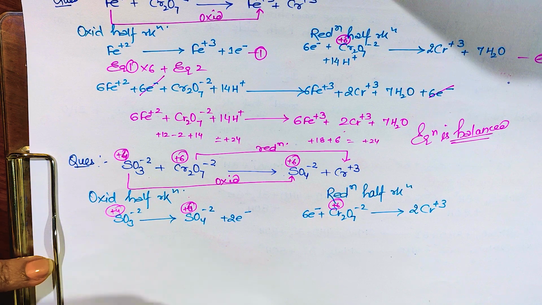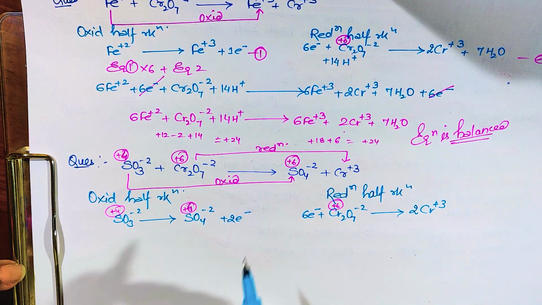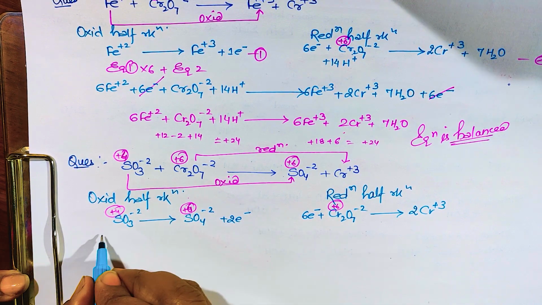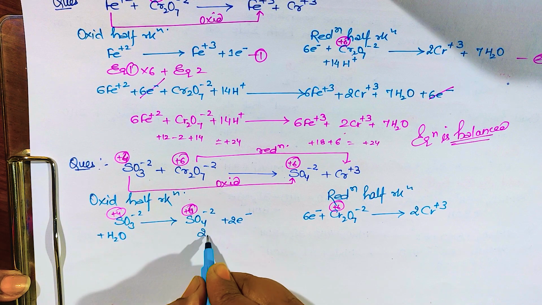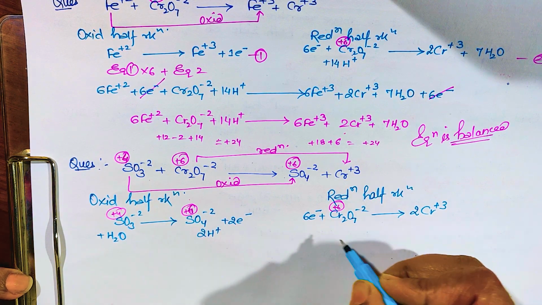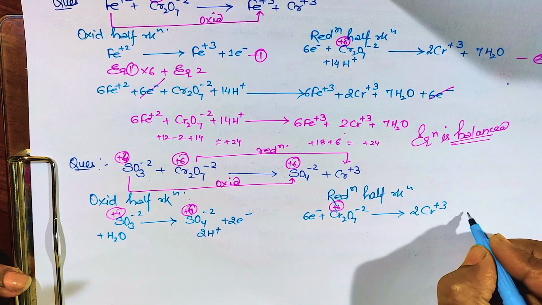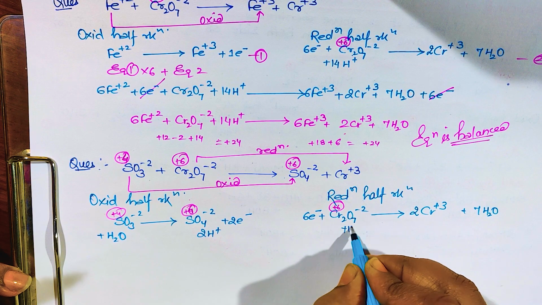Okay, now oxygen and hydrogen should be balanced. Oxygen is 4 here and 1 here, so 1 H2O will be added on this side. Yes, and to balance it 2 hydrogen should be added on this side. Clear? Okay, now in this case 7 oxygen, so balance it with 7 H2O, and to balance hydrogen 14 H plus on this side.